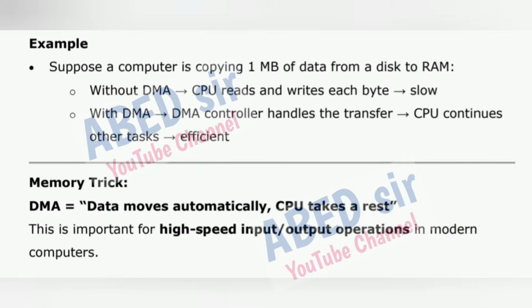Without DMA, CPU reads and writes each byte, slow. With DMA, the controller handles the transfer, CPU continues other tasks, efficient. Memory trick: DMA is equal to data moves automatically, CPU takes a rest. This is important for high-speed input-output operations in modern computers.